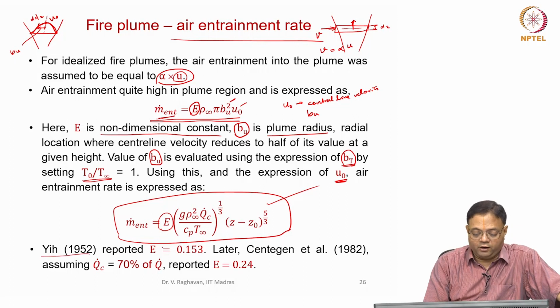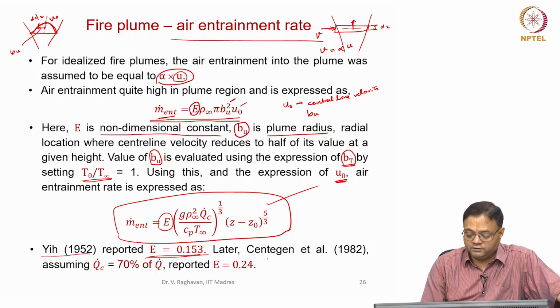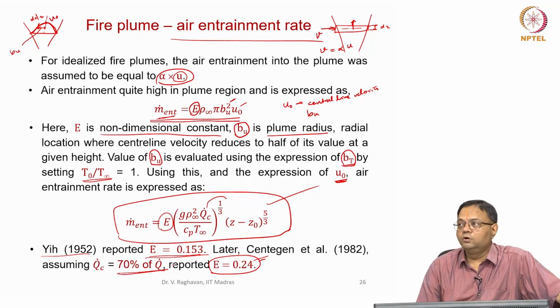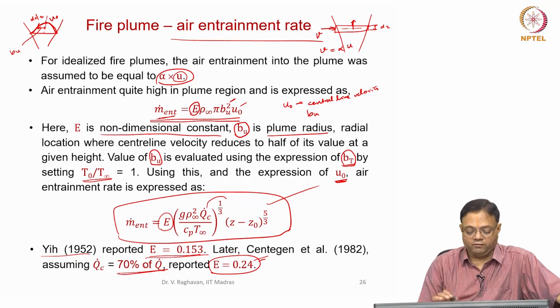E was originally reported as 0.153, but later it was changed to 0.24. But please understand that this is an empirical value. What is Q dot C? Q dot C is taken as 70% of Q dot.